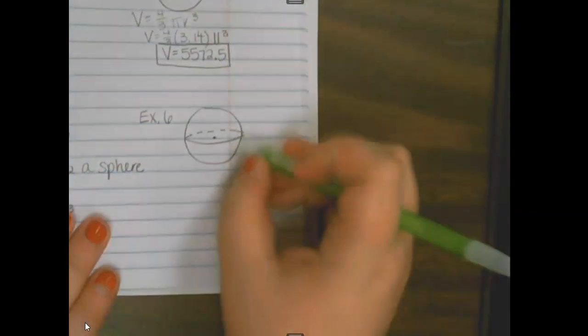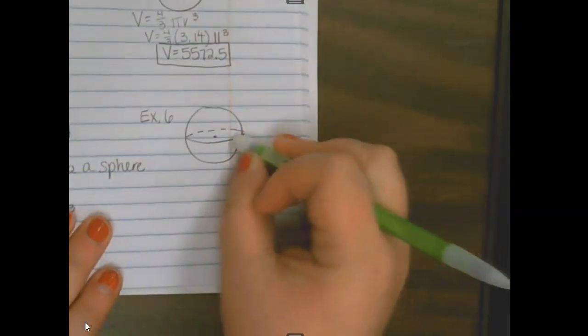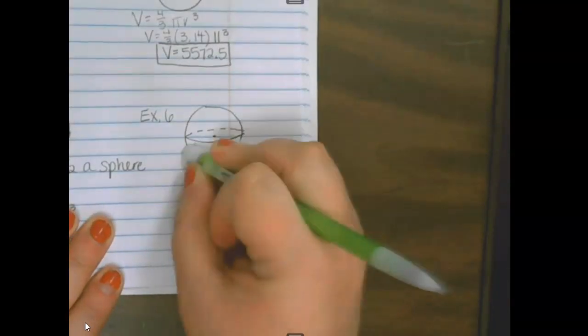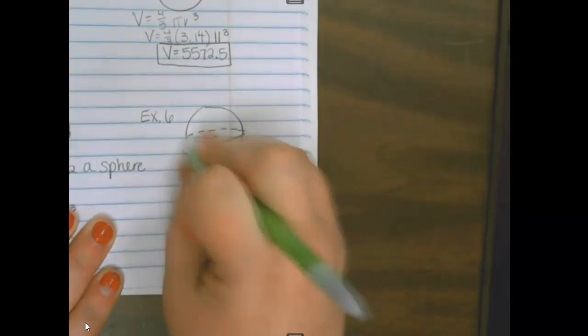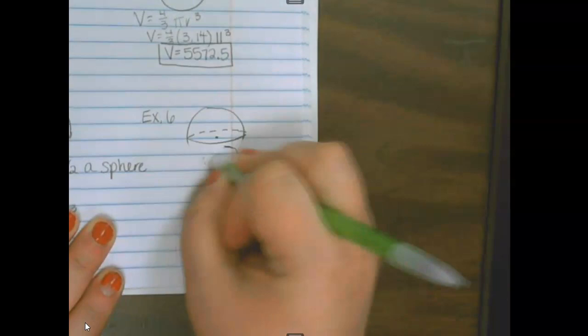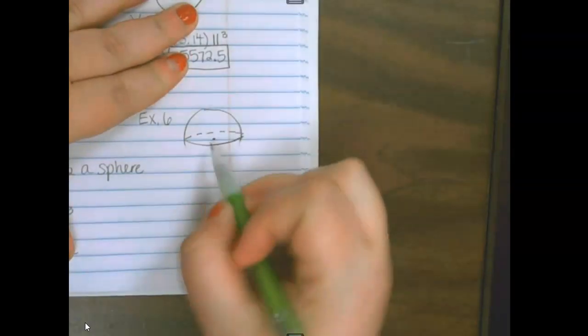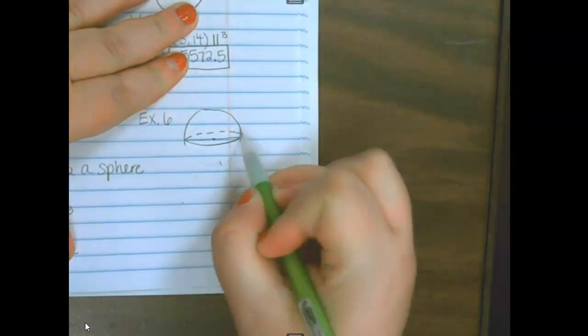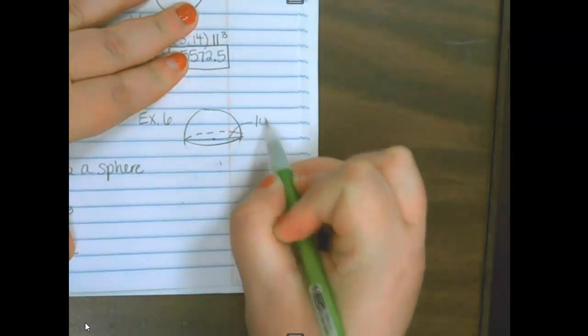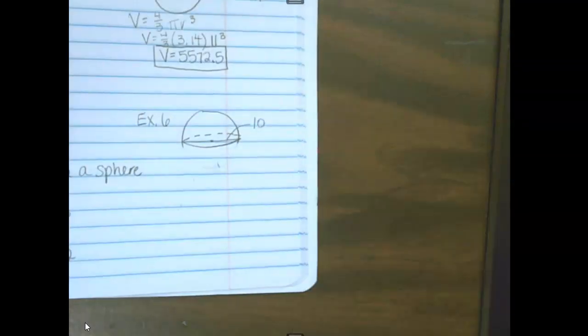And then I'm going to erase this bottom part. It's a little bit better drawing than my last hemisphere. Maybe not that much better. Draw a line across it. That's going to be 10. Give you a minute to get it down.